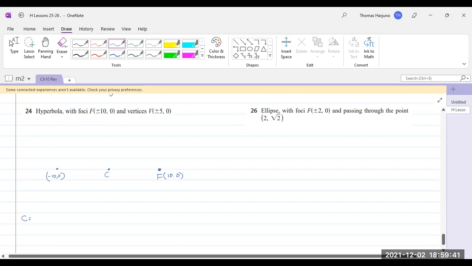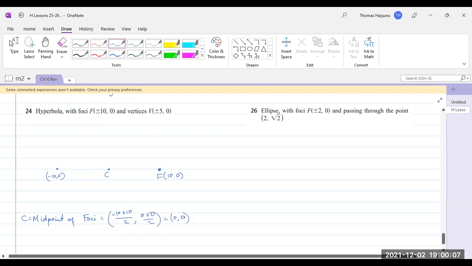The center is the midpoint of the foci, so the center is ((-10 + 10)/2, (0 + 0)/2), that's (0, 0).